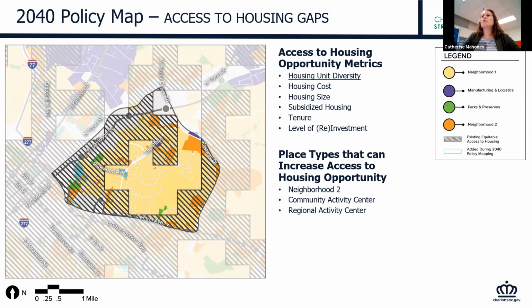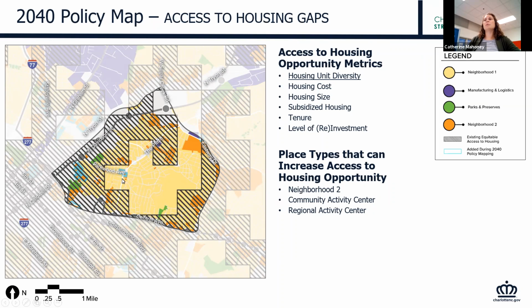Again, the areas hatched are considered well served. And from a place type perspective, that means that the areas hatched can offer a variety of housing types already today. And so we wanted to focus on the area that's not hatched and is predominantly yellow. So in this area, it's kind of difficult to find much more than a single family housing choice.